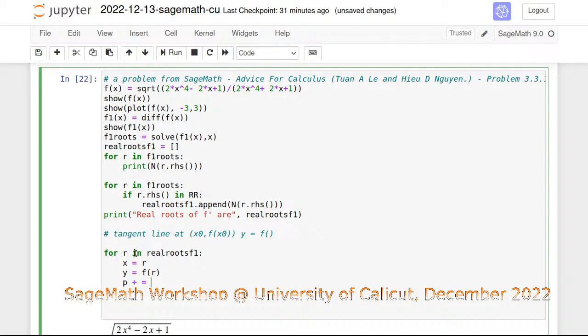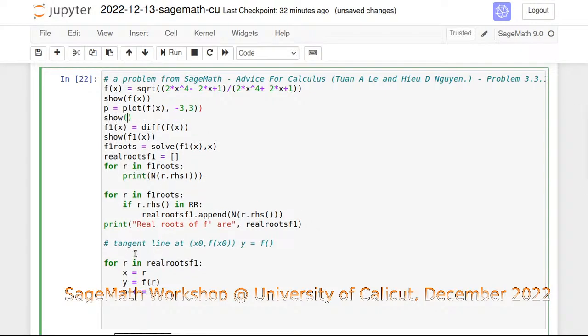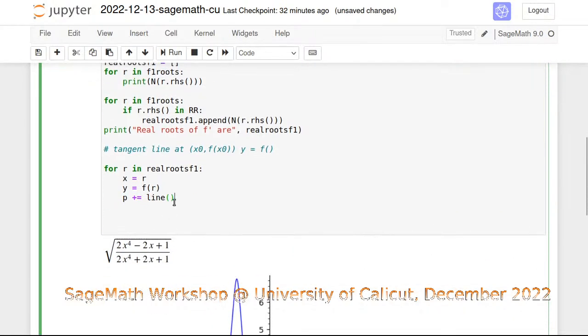So to this plot P we will add a line. What is the structure of the line command? Line, I think x1 y1 x2 y2, right? That's what we have seen previously.